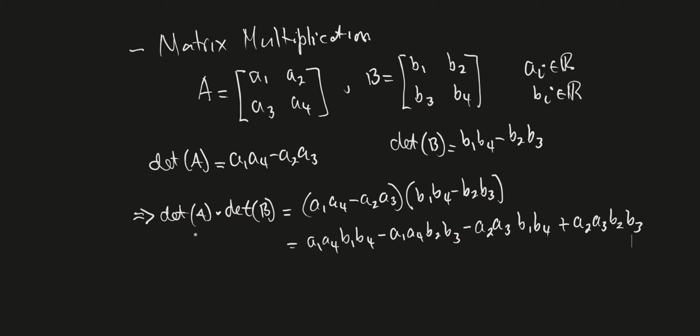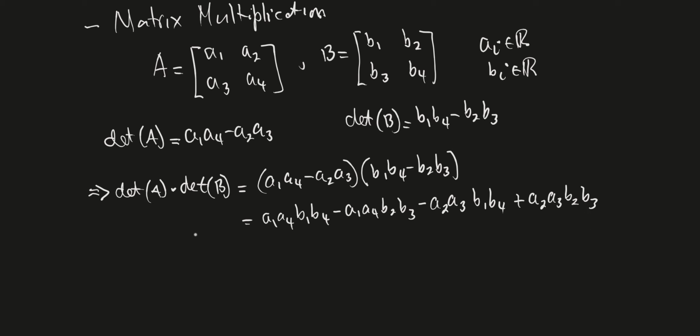Now, this is where it's going to get a little messy. We're going to change the order in which we do our operations. We're going to multiply our two generic matrices and then compute the determinant of the product and see how it relates to this.